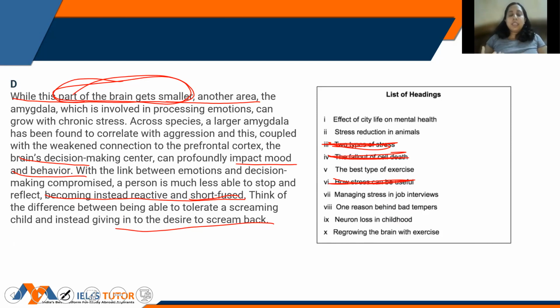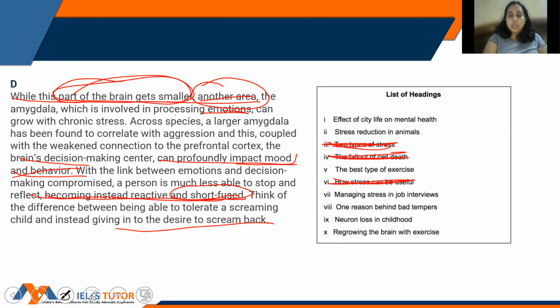They are just adding a starting line with the connection to the previous paragraph, but the paragraph will talk about something else because they have used another word, another area. Means they will be talking about another area, right? They are talking about emotions. Here we can see words like can profoundly impact mood and behavior, right? Then become instead reactive and short fuse.